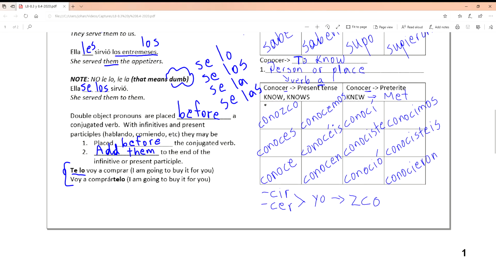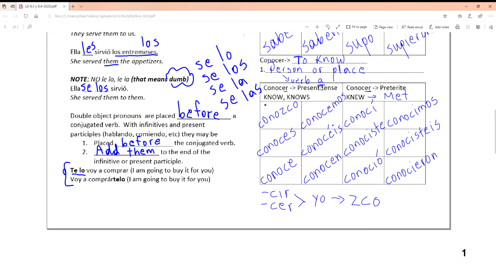Now let's look at conocer. Conocer, una vez más, is to know, but specifically to know a person or place. When we use it to know a person, it's followed by a little a. In Español, we call it la a personal, because when you're talking about knowing a person or a place, that person or place is your direct object.